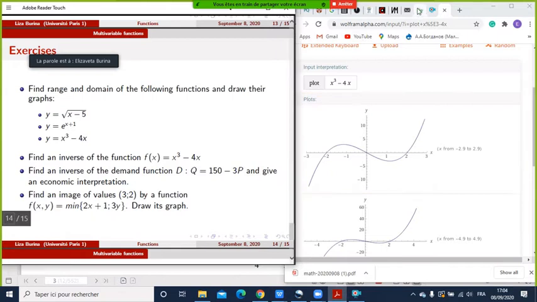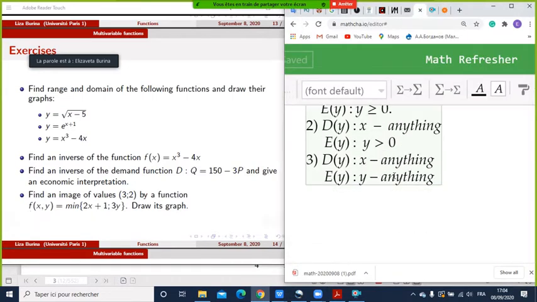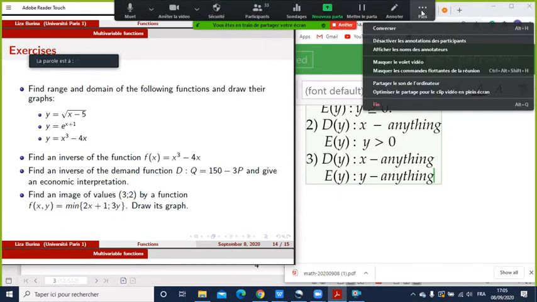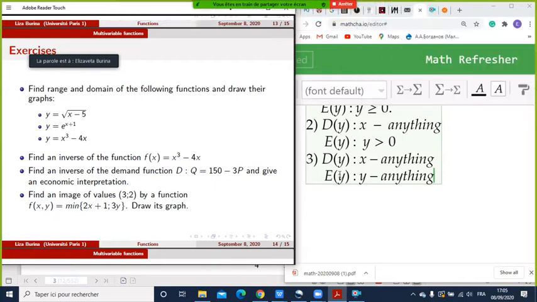Now I give you another 5 minutes to find an inverse of the demand and find an image and draw the graph. Oh, I hope I can draw it in here.